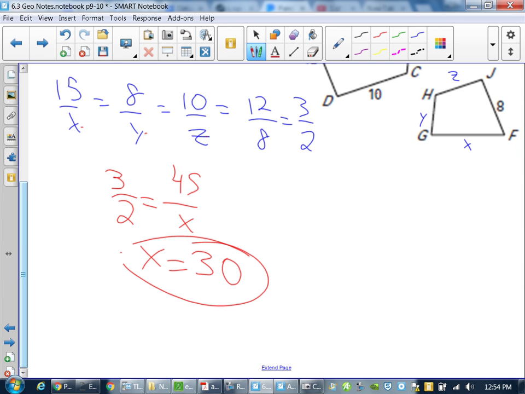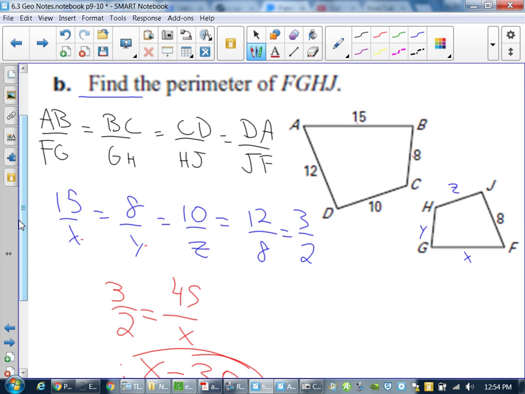Now, what if they put in something like this? And let's say they tell you that that's 18. And they want to know if it's 18 from B to D, what would be the corresponding diagonal in the other one?